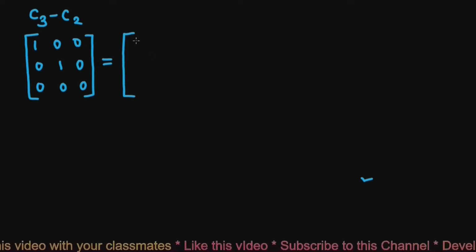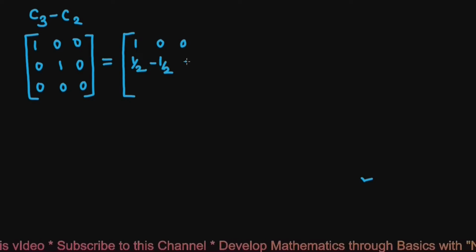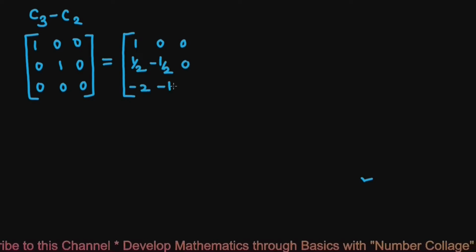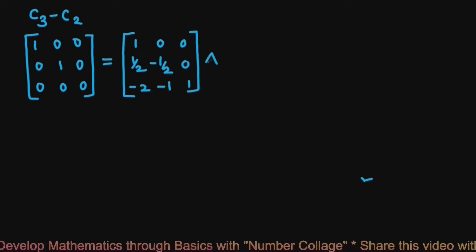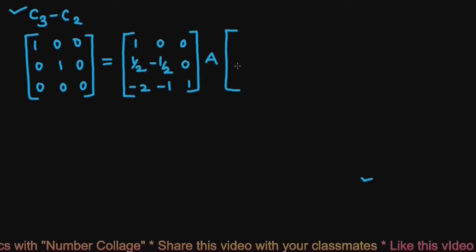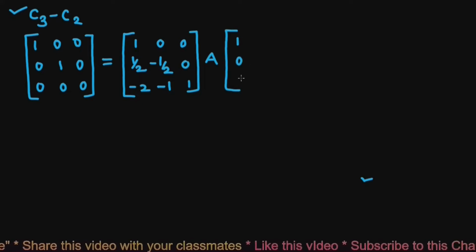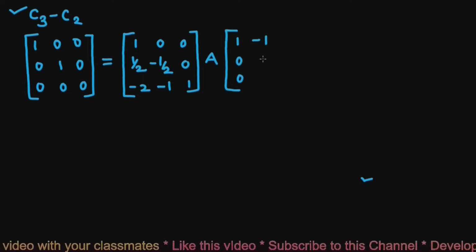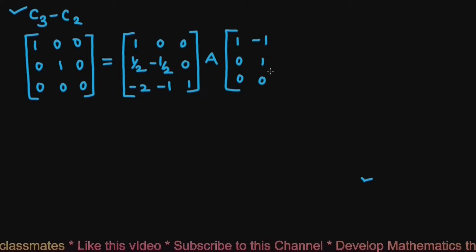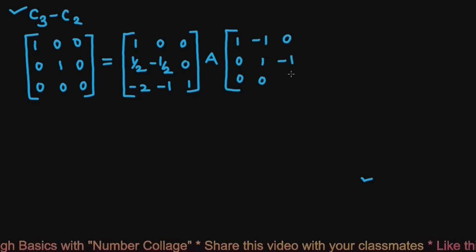So we write 1 0 0, 0 1/2 -1/2, 0 -2 -1 1, then we write A, and we have to perform C3 minus C2 on this post factor. So we write the first two columns 1 0 0 and -1 1 0 as they are, and the third column will be 0 -1 -1.